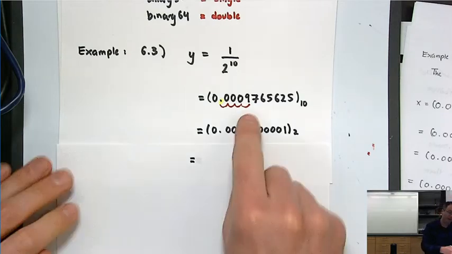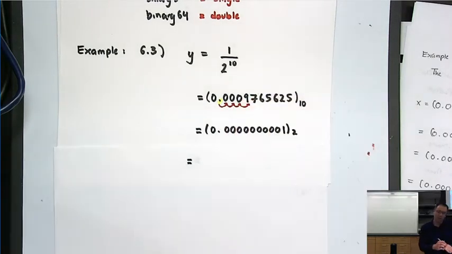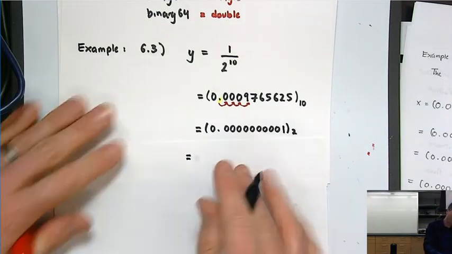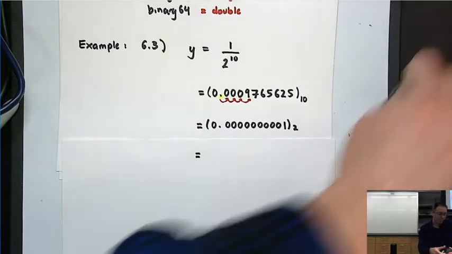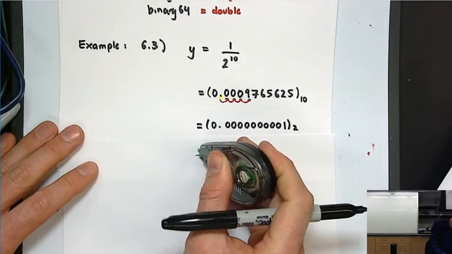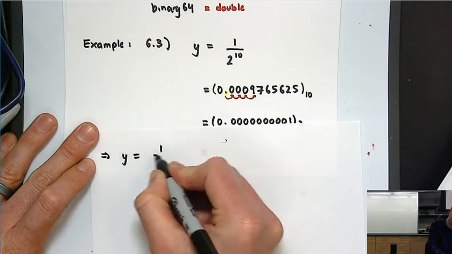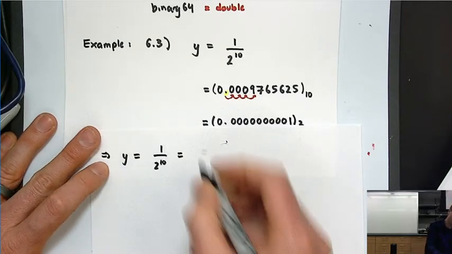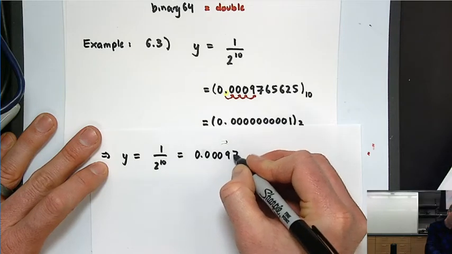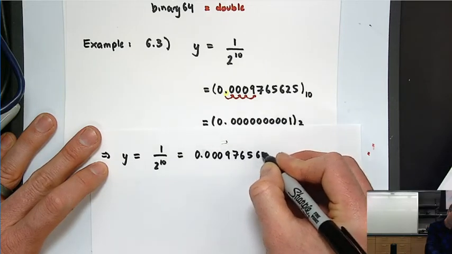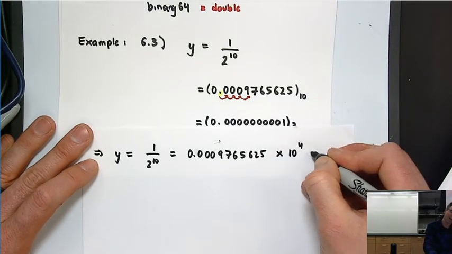How many places are we floating it? 4. So if I look at y equal to 1 over 2 to the 10th, this is going to be 0.0009765625. And then would you agree that I could write it like this?